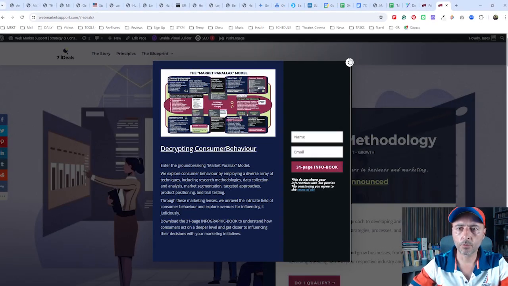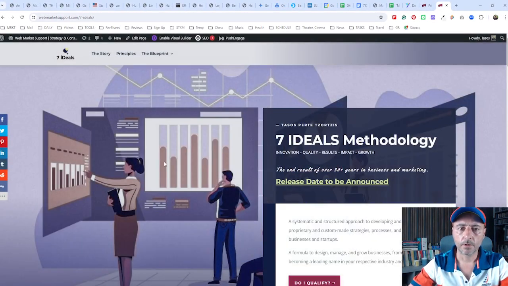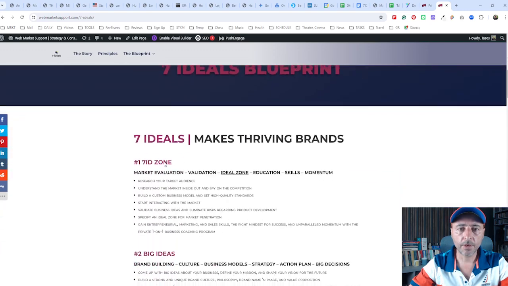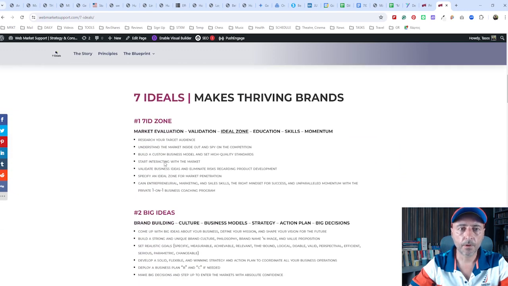Now let me walk you through some parts of the 7 ideals methodology in order for you to get familiar with the process and why we test the market, when we test the market, and how we actually innovate. So the 7 ideals methodology consists of 7 phases, 7 ideal phases.